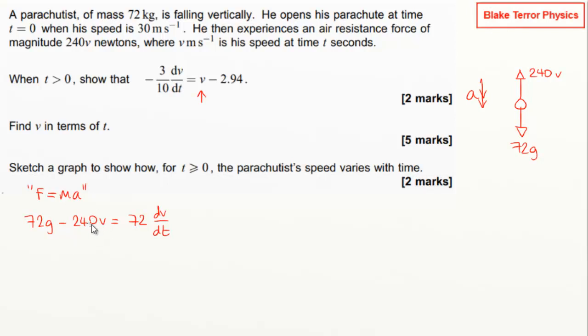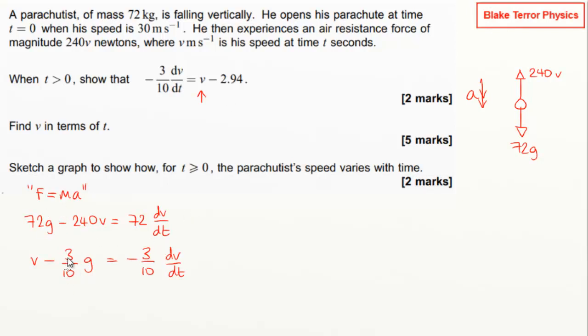So let's divide by minus 240, which is going to give us v minus 3/10 of g is equal to minus 3/10 of dv/dt. So sticking in your value for g, that's going to come out fine for what we need, 2.94.